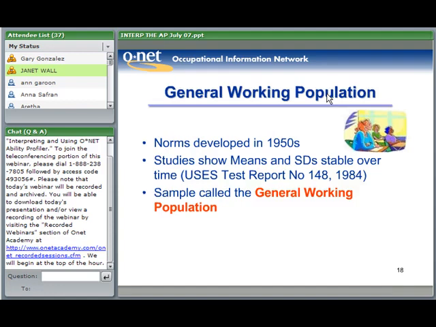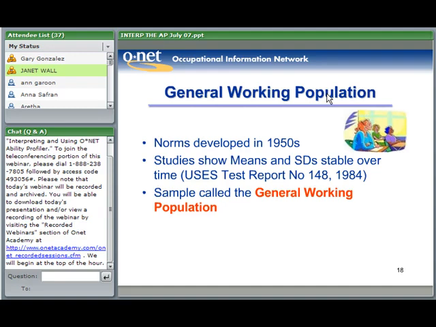The norms were developed in the 1950s, but they've done studies since then to show that the means and the standard deviations have been stable over time. And for those of you that want to find out more, there is a report that you can obtain, report number 148, developed in 1984, which is really a phone book size report that discusses the norms.